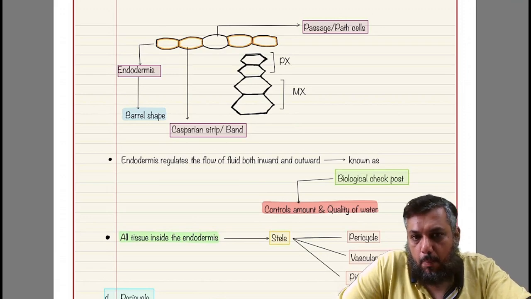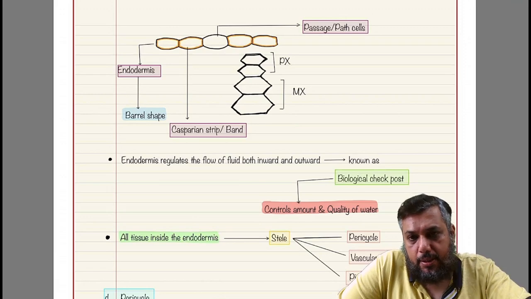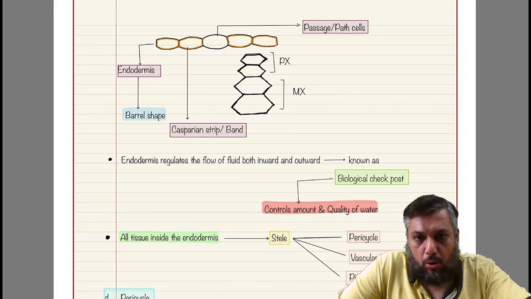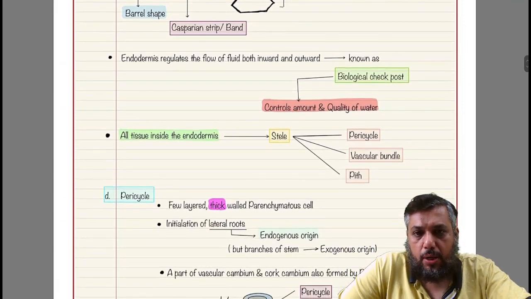Endodermis is called biological check post because it controls the amount and the quality of water that enters inside the xylem. All the tissues inside the endodermis are called stele, and the stele consists of the pericycle, the vascular bundles, and the pith.